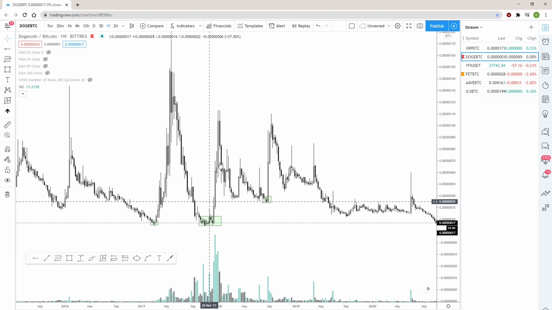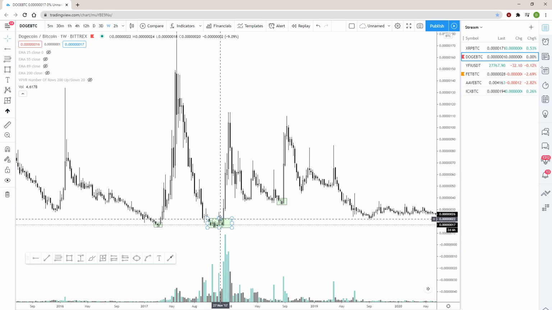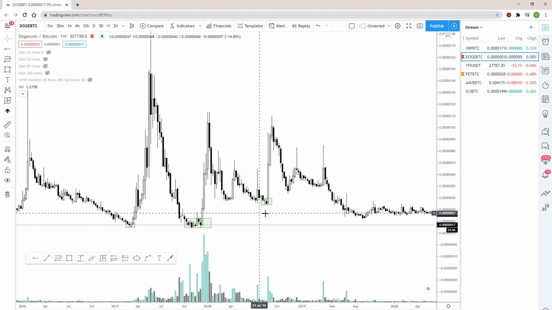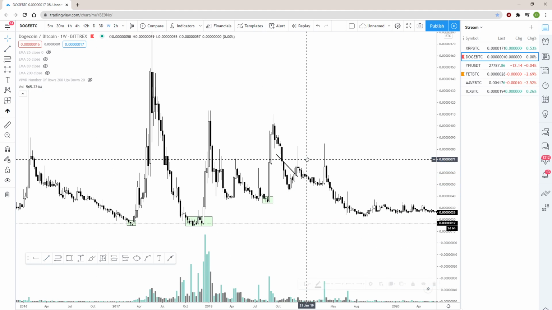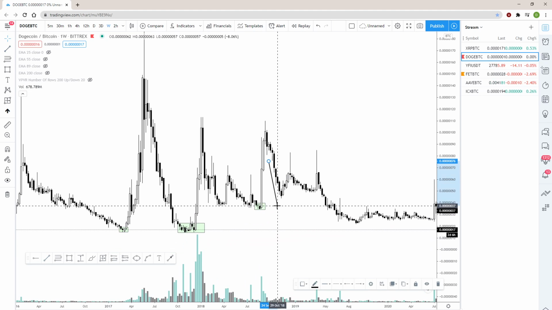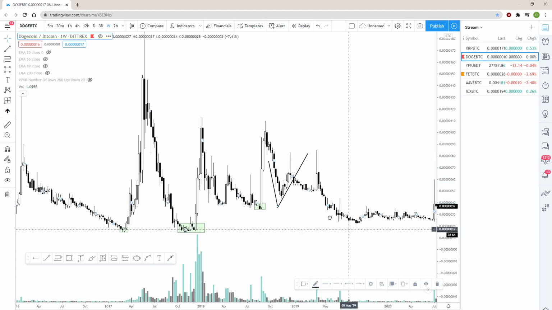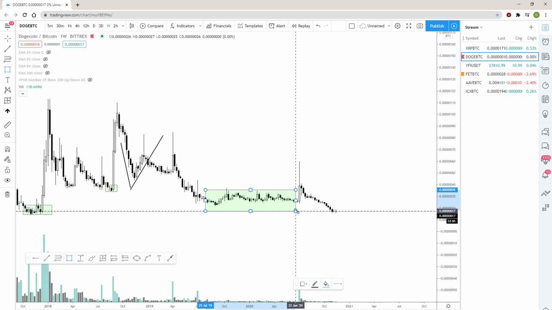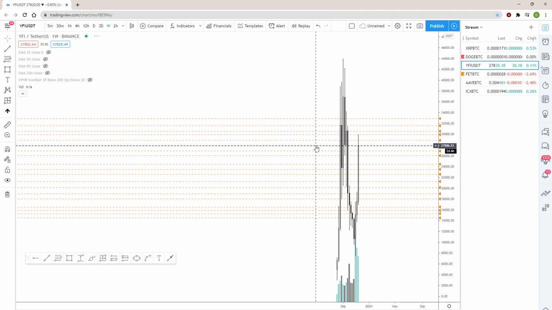You can see huge moves after pronounced downtrends, and you can see these V-shaped price movements throughout its price history. And again, Dogecoin is also having this accumulation bottom, which we'll talk about.